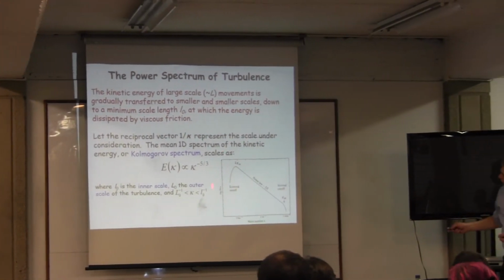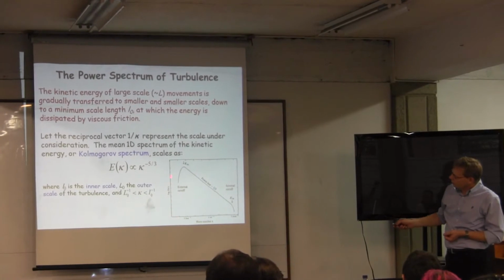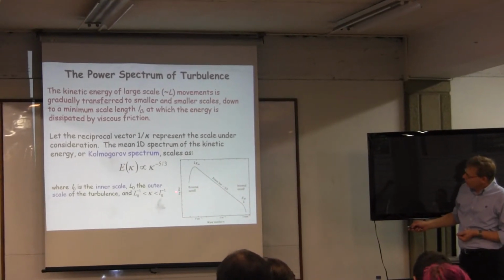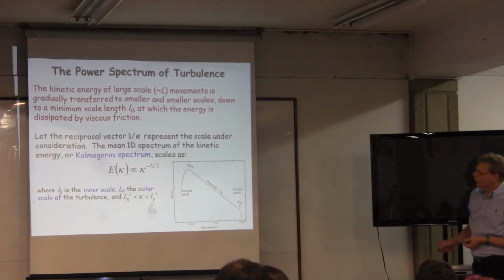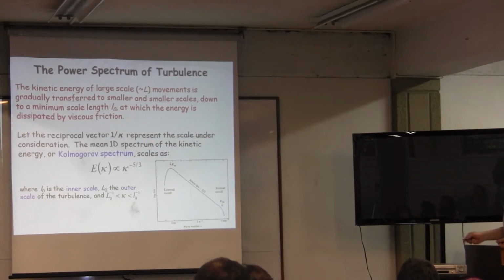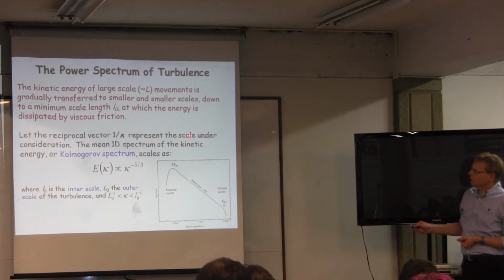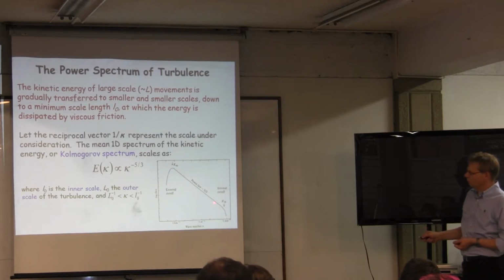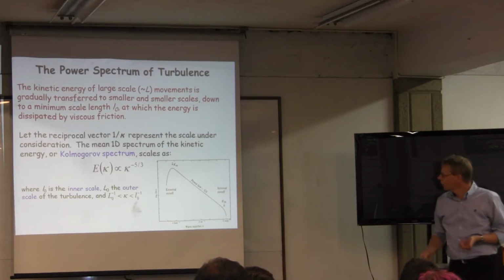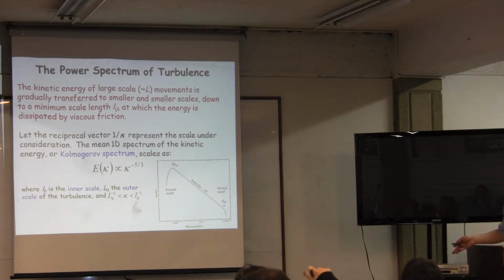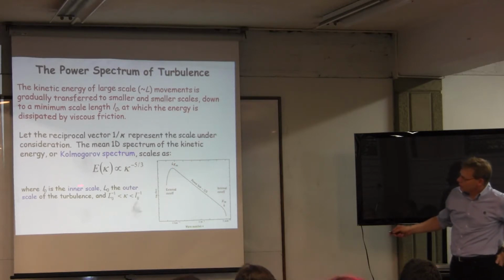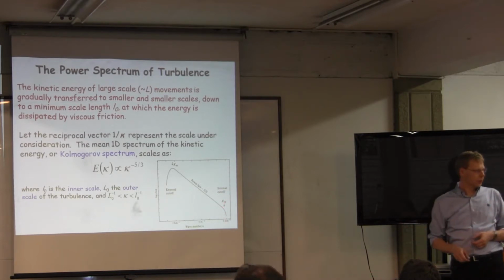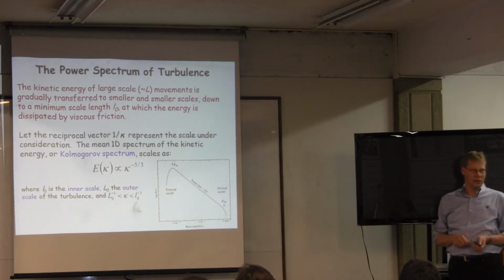Okay. And what's shown here is essentially the energy of the spectrum as a function of a quantity kappa, where the inverse of kappa is simply the vector that represents these scales. It's hard to give a good explanation, but this is the terminology that people use. And the main point here is that there are two critical values, the sort of inner scale here, that's the smallest scale, right? A few millimeters typically. It doesn't go to infinity, right?